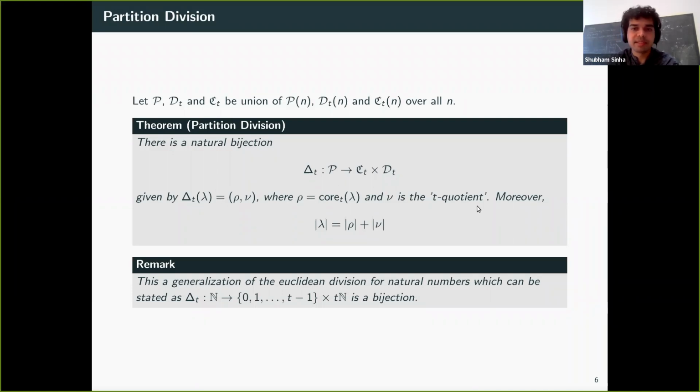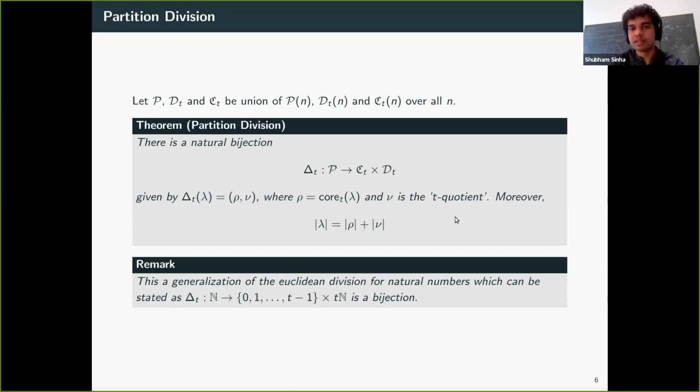so I'll describe the second part later, but for the first part, given a partition, the map gives the first coordinate as the T core of the given partition, and the second coordinate would be the T quotient. I have put this in quotes because the usual definition of the T quotient is a tuple of T partitions, but I would like to think of it as a single T divisible partition.